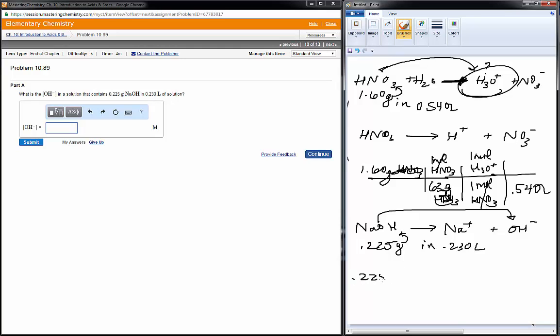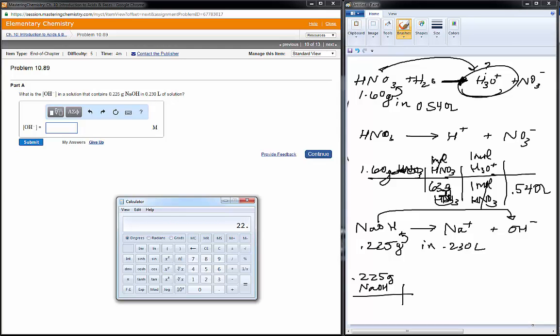So 0.225 grams sodium hydroxide. And if you consult your periodic table, we've got 22.99 for sodium, 16 for oxygen, 1.008 for hydrogen. That gives me 39.998. Probably round that up to 40.